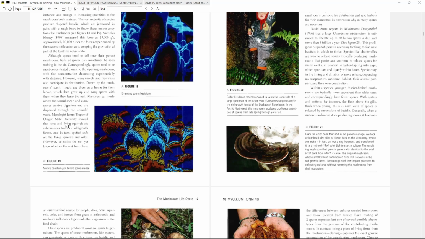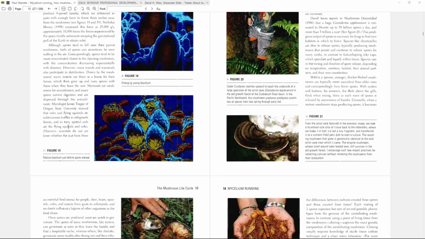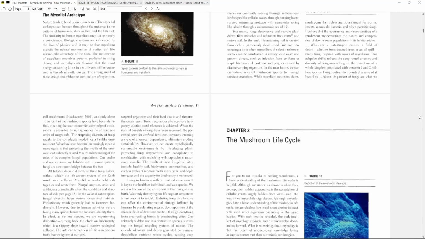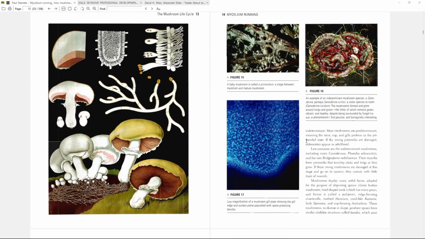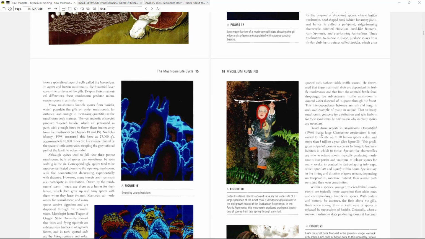Mycologist James Trappe of Oregon State University showed that voles and flying squirrels ate subterranean truffles in old-growth forests, and in turn, spotted owls ate the flying squirrels and voles. However, scientists do not yet know whether the scat from these spotted owls harbors viable truffle spores.